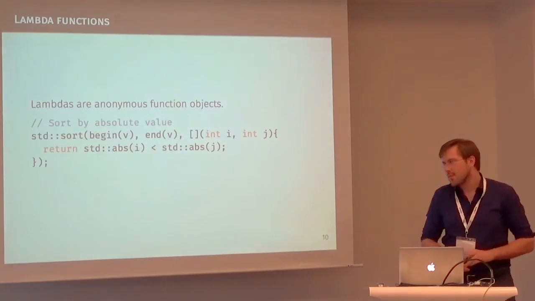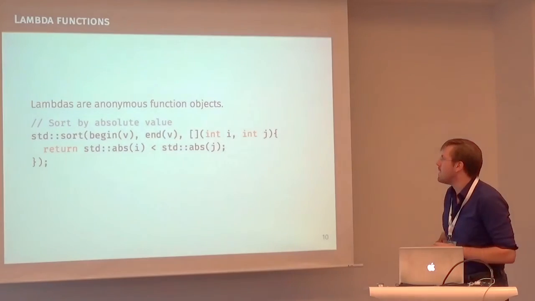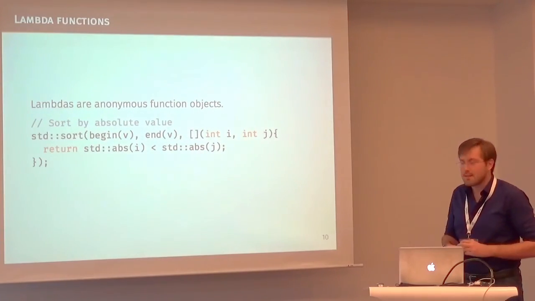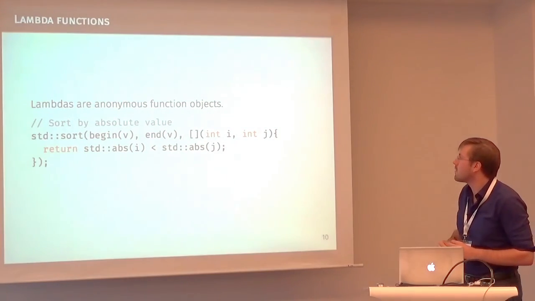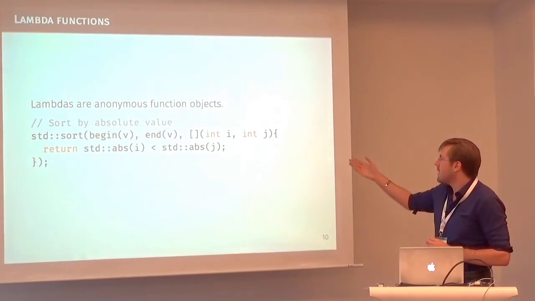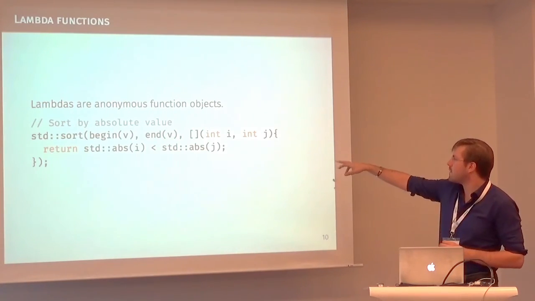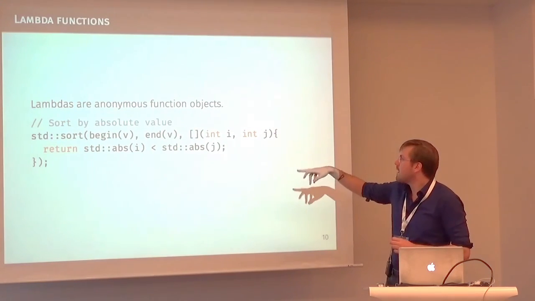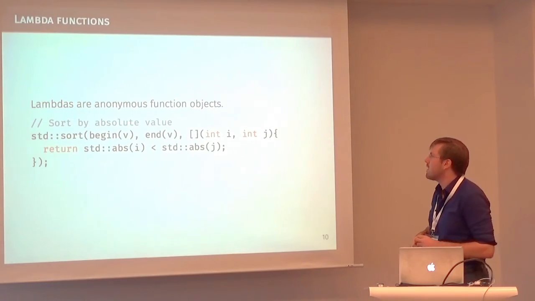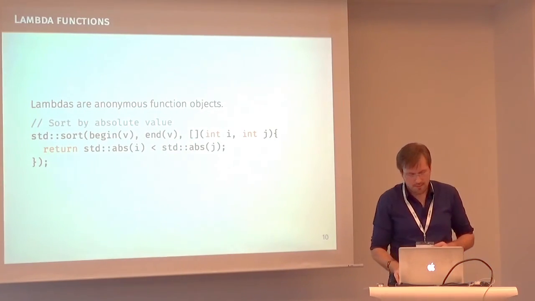So I'll recap a little bit of syntax because maybe everybody has seen lambdas, so I'll skip rather quickly, but this is how we use a lambda, okay? The sort algorithms take a generic function object, and a lambda is a way to express an anonymous function object in the place where I want to pass it.